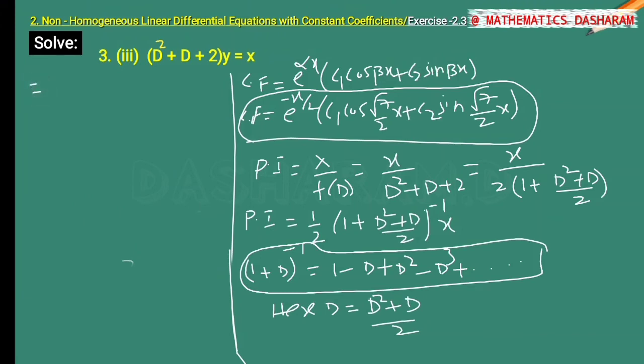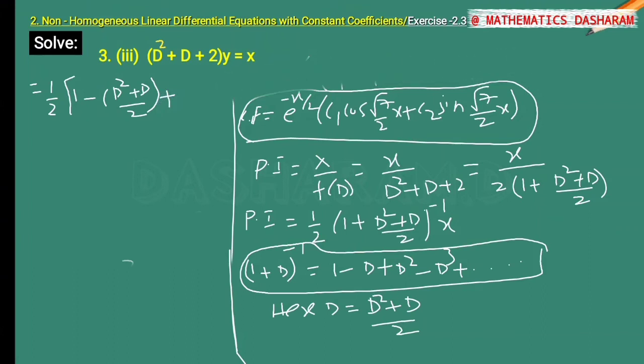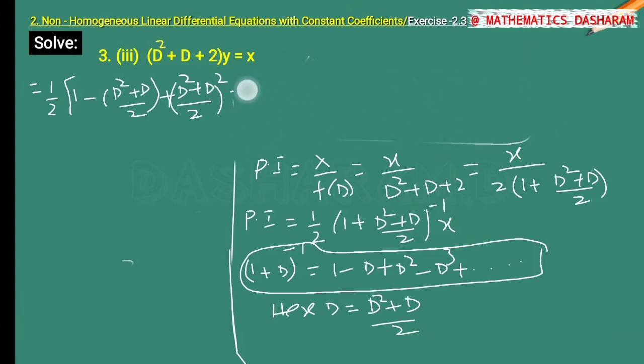So it is equal to 1 by 2 bracket of 1 minus D, D means D square plus D by 2, plus D square, D square means D square plus D by 2 whole square, dash, into x.